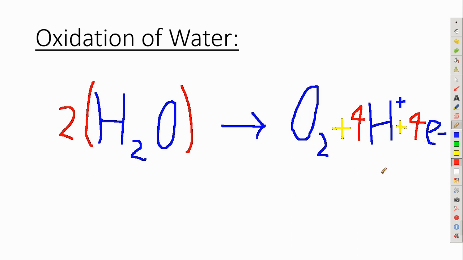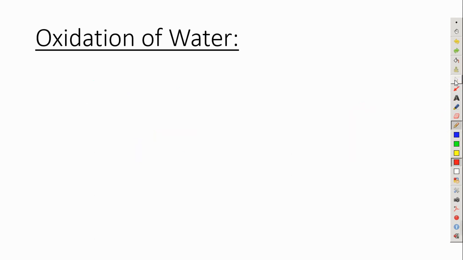Okay, so I'll let you write this in the analysis part. As I said, oxidation is when a molecule loses electrons. So this is the case, water loses 4 electrons, well, 2 electrons per water. Okay, so let's move on to the next part.